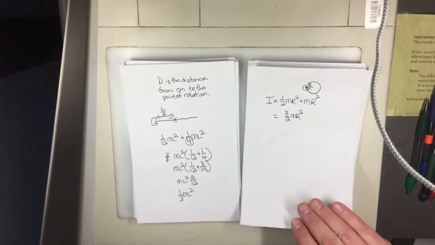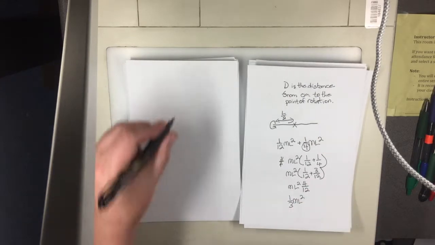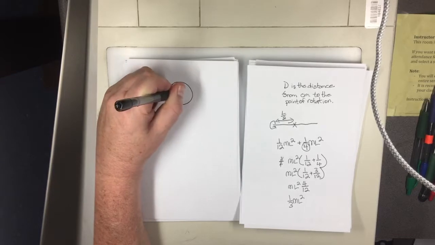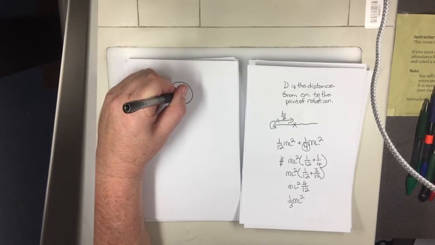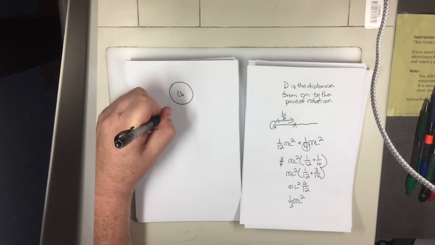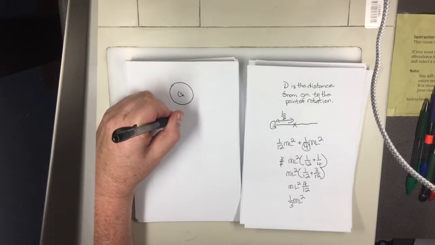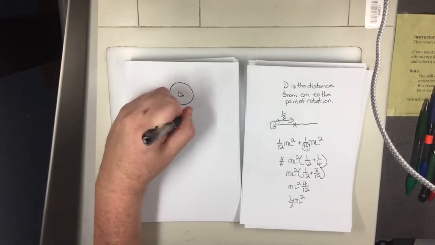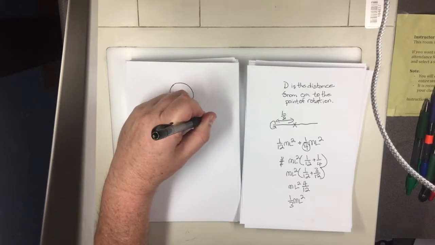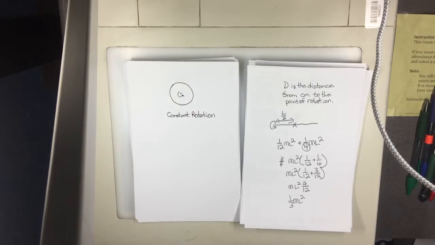Let's first study simply a disk, and it's rotating at constant rotation. So it's not speeding up or slowing down. And let's take a look at what's going on.